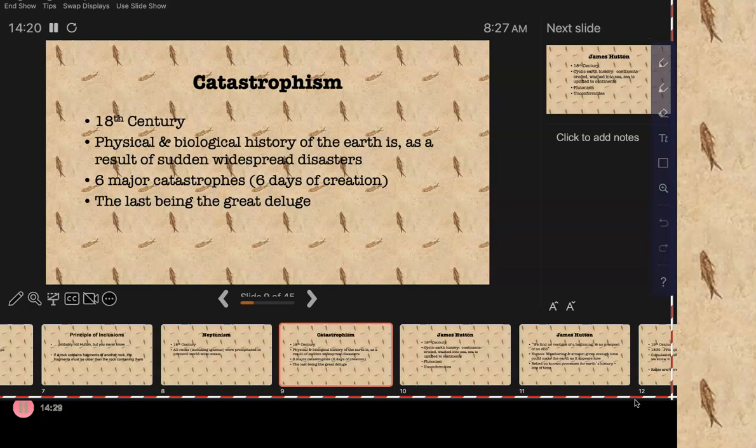Now, if you want to start a conversation with a geologist about mixing science and religion, the flood is a great place to start. I won't go off on that tangent too much, other than to say that every society has a flood story. All right?